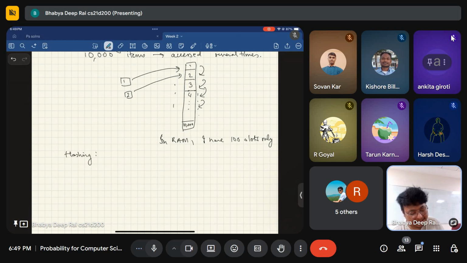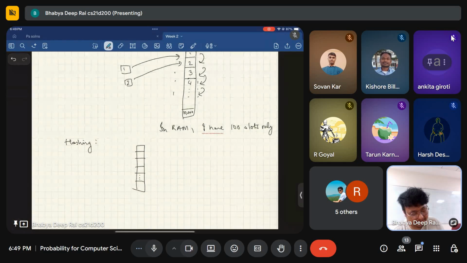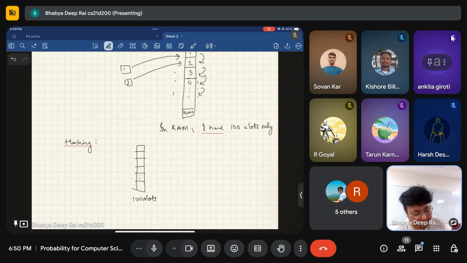What does hashing do? Hashing has these 100 slots, and each of these 100 slots represents a bucket of values.